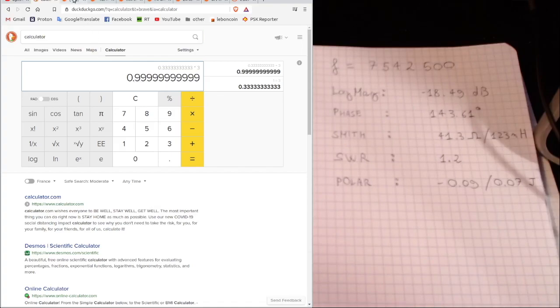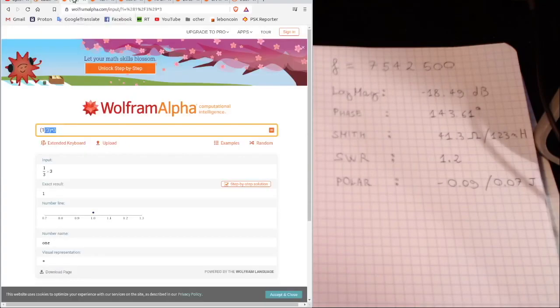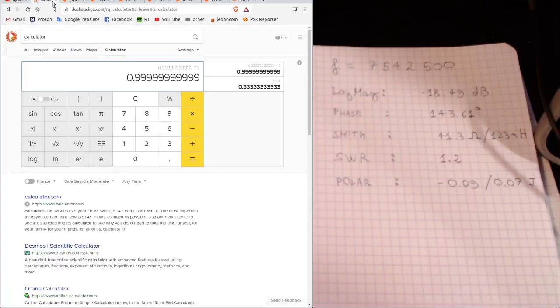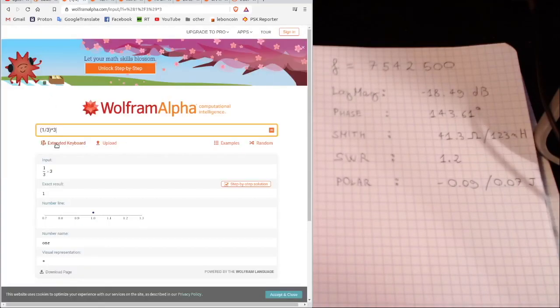Instead, there is a tool you can find for free online, called Wolfram Alpha, and this is a much more sophisticated calculator. It's a symbolic calculator, so if you write the expression 1 divided by 3 multiplied by 3, it does not calculate an approximate number like this 0.9999, but it calculates the exact result, as you can see here, 1.